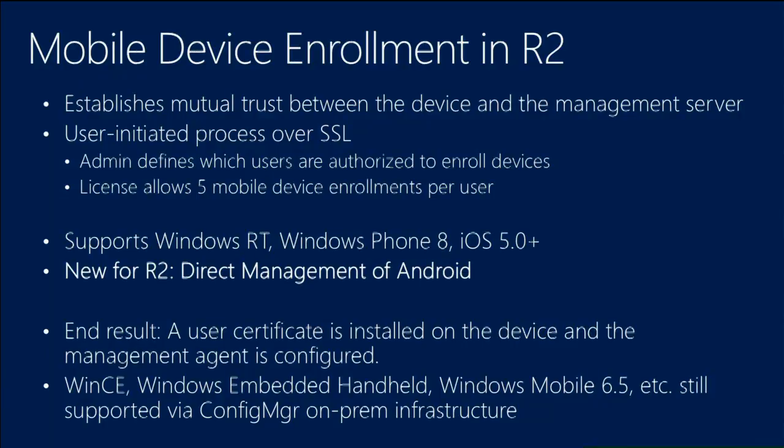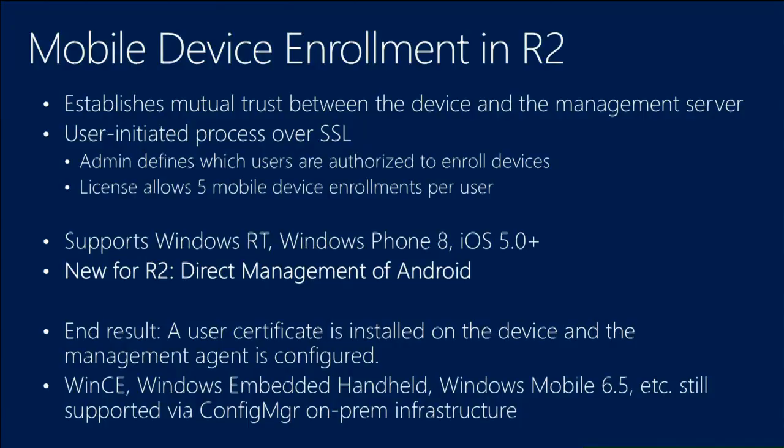And once they configure the users for allowing access to enrollment, end users can go ahead and use their Windows Intune license to enroll up to 5 devices. These could be different devices, iPads, Androids, Surface RTs, Surface Pros. From the support for enrollment perspective, you can see Windows RT, Windows Phone 8, iOS 5 Plus, all these platforms are supported for enrollment, and Android 2.